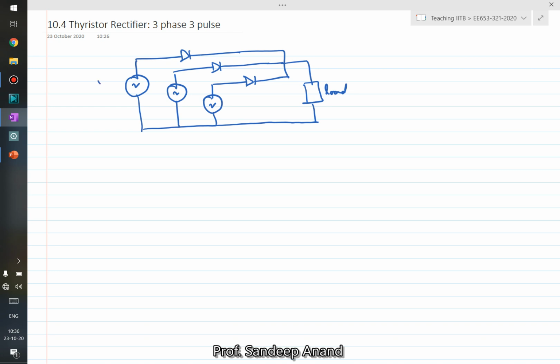And this was the original circuit where, let's say, this is VAN, VBN, VCN, right? And this was earlier diodes, but now let us replace them with the three thyristors, so it becomes a controllable circuit instead of an uncontrollable rectifier. Let me call them TA, TB, and TC, right?